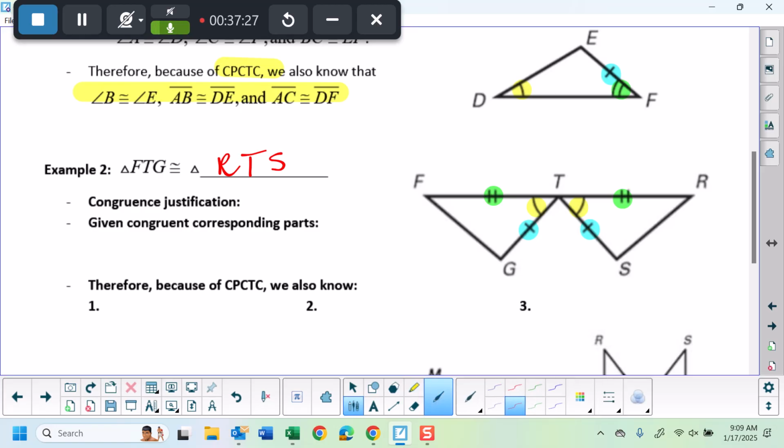So I'm given in my diagram that segment FT is congruent to segment RT. I'm given segment GT is congruent to segment ST.